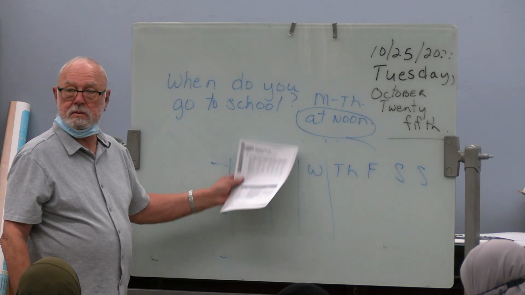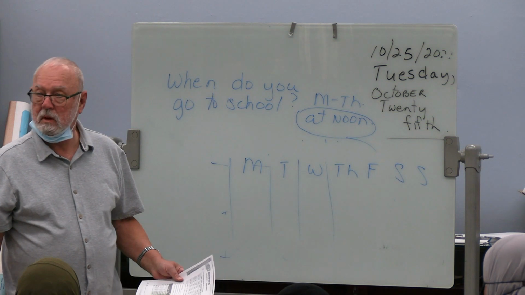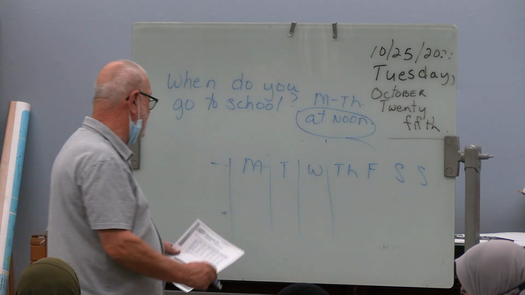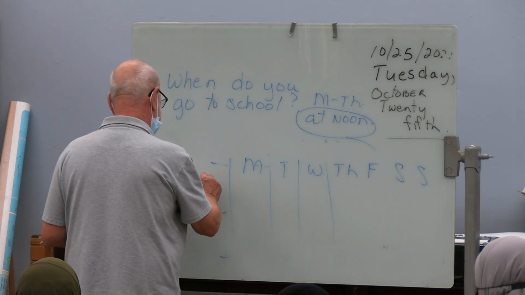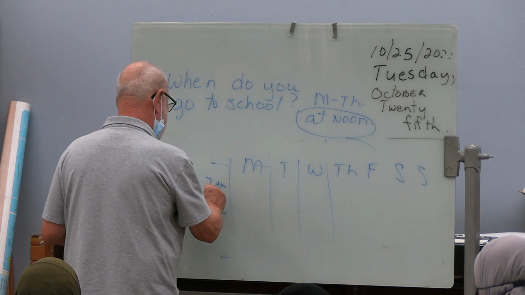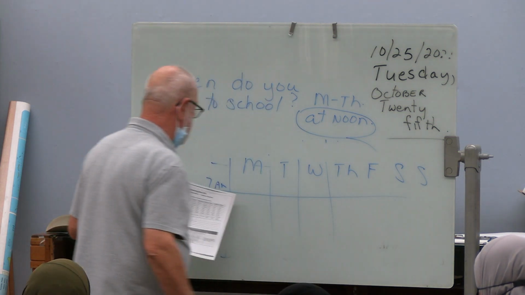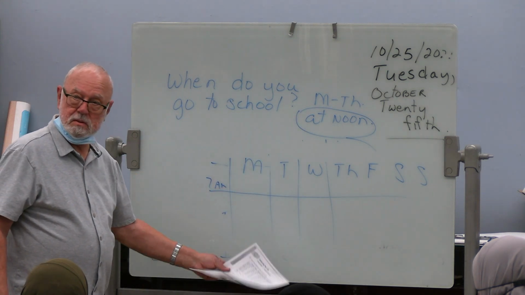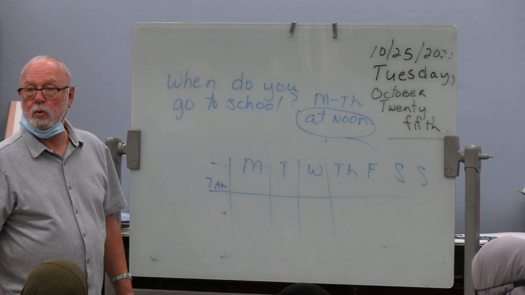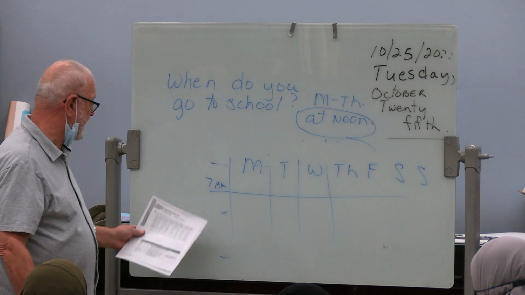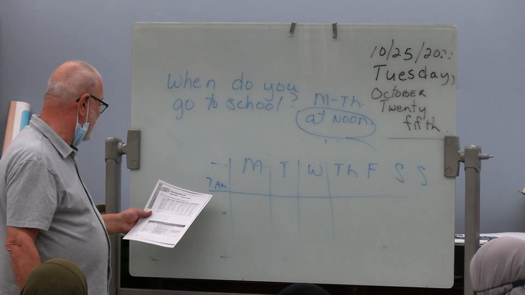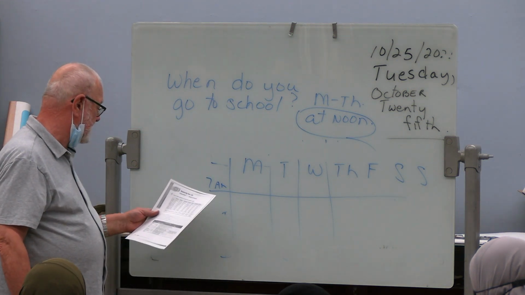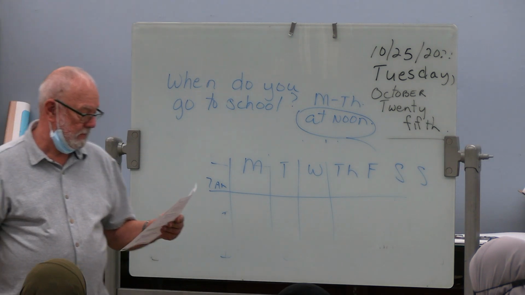These are columns, up and down, columns. Then we have rows, columns, and rows. 7 a.m., 8 a.m. to 8 p.m.